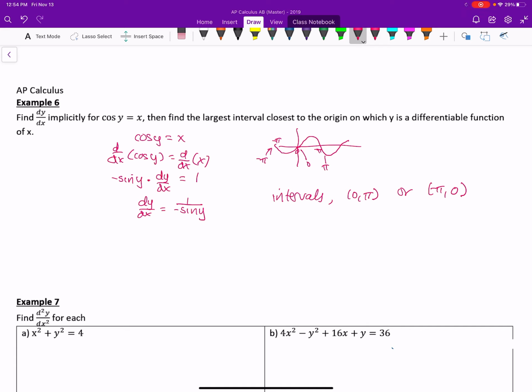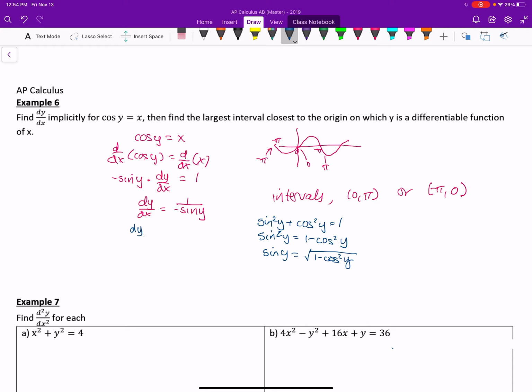An interesting side note on this one, by the way, is that I know that sine squared y plus cosine squared y is equal to 1. That's a Pythagorean identity. So that means sine squared y is equal to 1 minus cosine squared y, and sine of y would then be equal to the square root of 1 minus cosine squared y. Okay, that's cool.